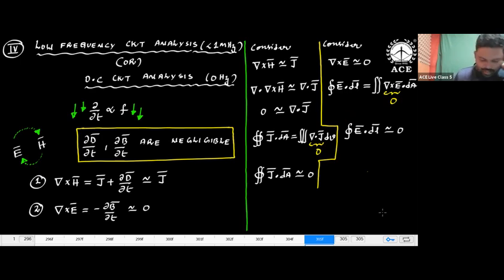Observe here, you can do some approximations at the lower frequencies. What is this saying? The algebraic sum of voltage drop in the loop is equal to 0. What is this saying? The net current is equal to 0. Current entering the closed surface is equal to current leaving the closed surface.